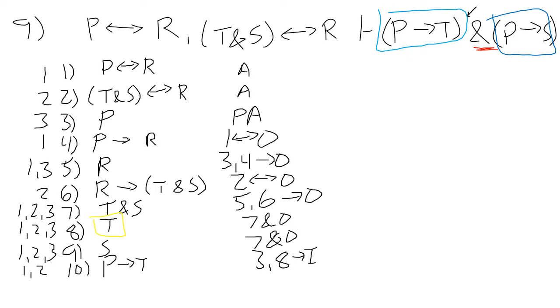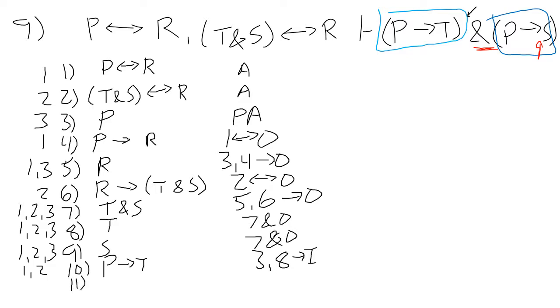Now, interestingly enough, looking at our right conjunct, we have derived our consequent, the S that we're looking for, and it depends upon our PA already, the same PA we would make for arrow in.